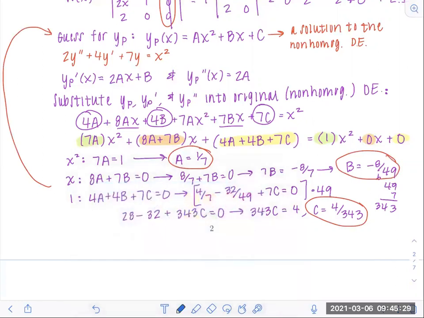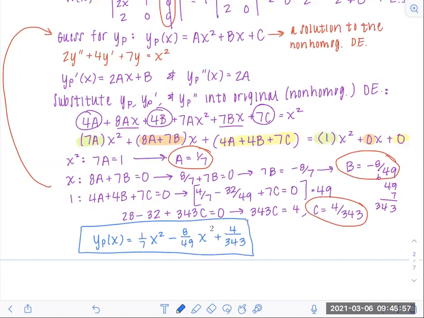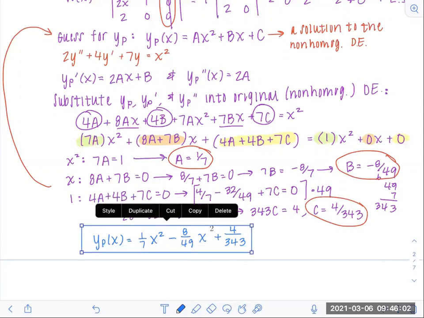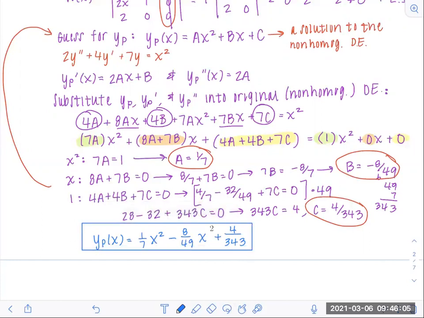So for our final answer for yp of x, I obtained 1/7 x squared, and technically this is a minus 8 over 49 x plus 4 over 343, and that here is my final answer. Now I will note that the book likes to factor out common coefficients. That's up to you if you want to do that. It's perfectly fine to leave your answer right here.